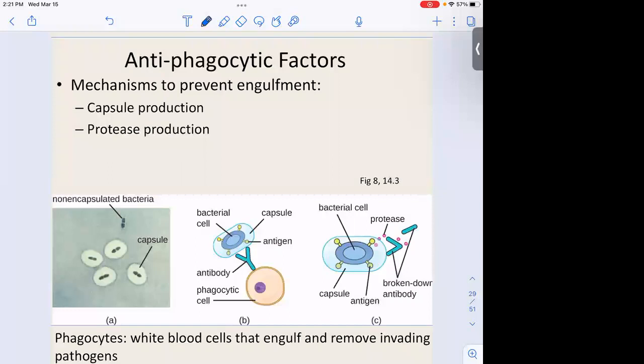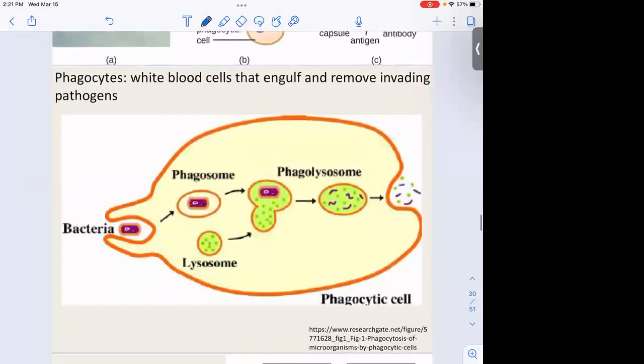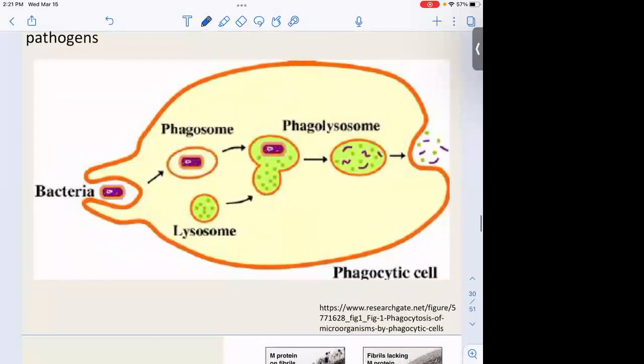So we're going to talk a lot more about phagocytosis, but in general, here's the process of phagocytosis. Say this is a phagocyte, one of our white blood cells, maybe a macrophage. It will ingest a bacterium and endocytose. Remember, phagocytosis is a kind of endocytosis where it will cover that bacterium in a membrane.